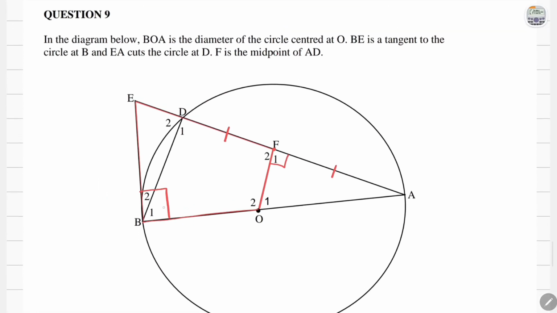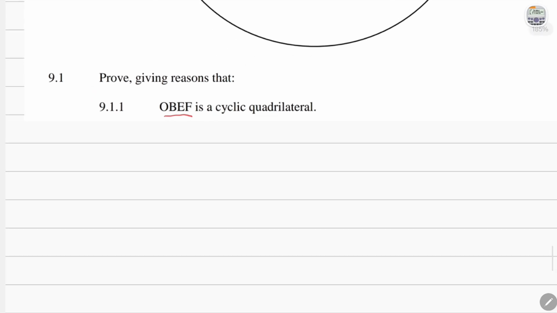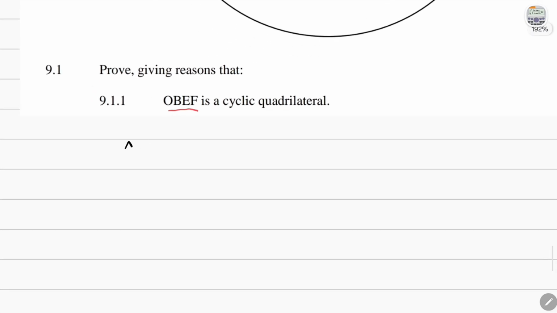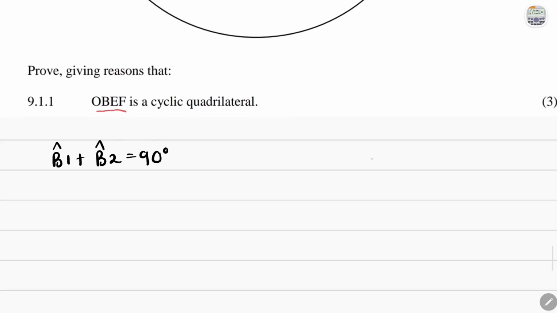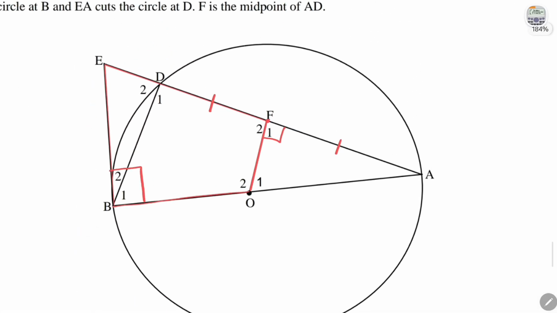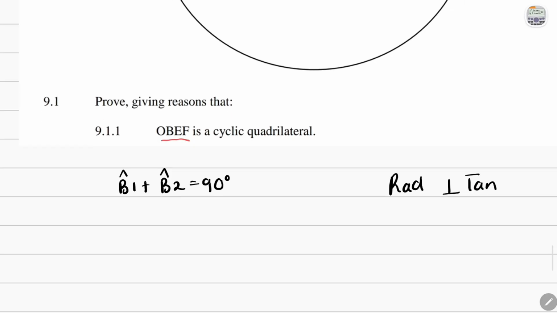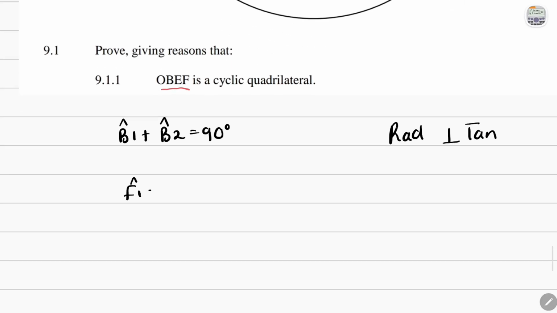So we can show them that angle B1 plus B2 is equal to 90 degrees because we have the radius being perpendicular to the tangent at the point of contact. So angle B1 plus angle B2 give us 90 degrees, and this is because radius is perpendicular to the tangent. And then we also have 90 degrees over here. So tell them that angle F1 is equal to 90 degrees.